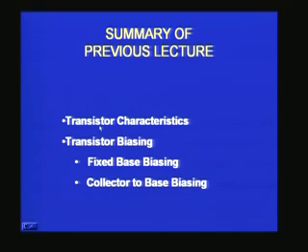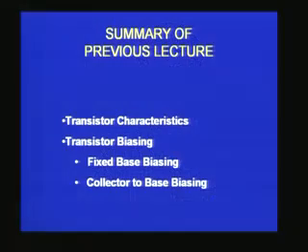In the previous lecture, as you can see on the screen, we discussed the basic characteristics of transistor, especially the output characteristics of a common emitter configuration. We also saw the basic principles of transistor biasing after looking at the concept of a load line for a given load in a common emitter amplifier.